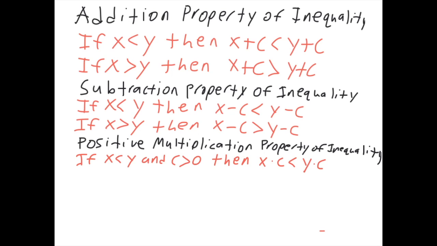And that works the other way as well. If x is greater than y and c is still greater than 0, then x times c is still greater than y times c. But that only works when you multiply by positive numbers.